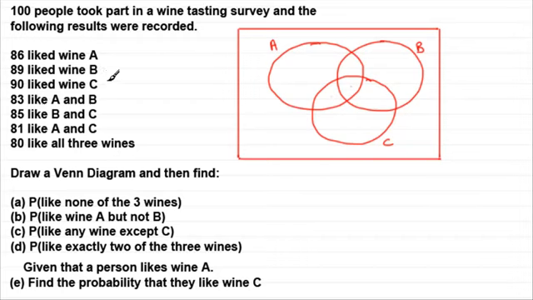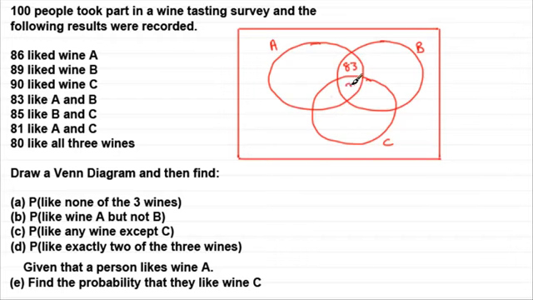Now, what about this 83? 83 like A and B. Well, A and B is this region in here. Okay? I know some of these people might like C as well, but that's not the point. They certainly like A and B. So again, we've got a problem. We can't stick, say, 83 just in here, because that would be 83 just like A and B. Okay?